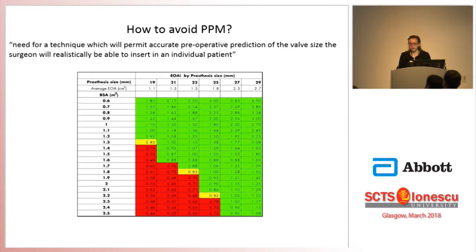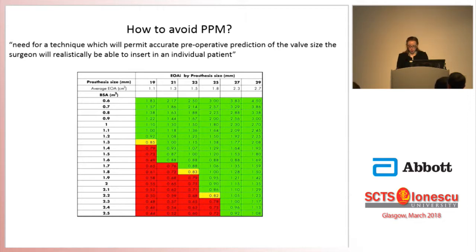So how to prevent, how to predict? In this statement written on the slide, valve size refers to the indexed effective orifice area rather than the labeled valve size. Important in this statement is that you have to use a three-step protocol elaborated by Philippe Pibarot and Duménil. First, you have to calculate the body surface area.